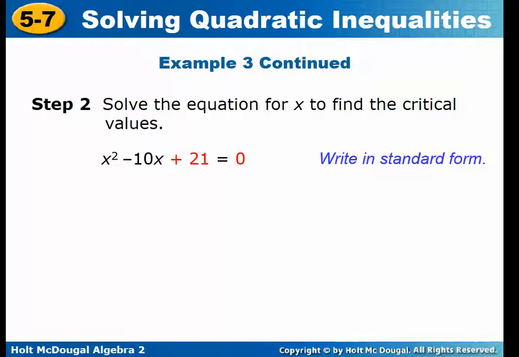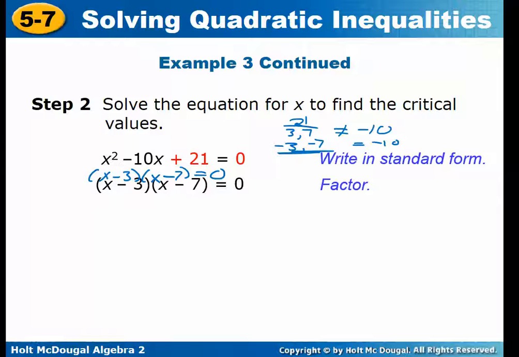Now remember, when you factor, you are looking at the last term, which is 21, and you want to find the factors of 21 that, when you add them together, you will get negative 10. So 3 plus 7 does not equal negative 10. But negative 3 times negative 7, or plus negative 7, does equal negative 10. So those are the factors I want to use. So you rewrite this as x minus 3 times x minus 7 equals 0.